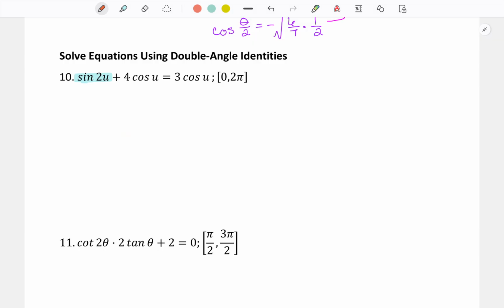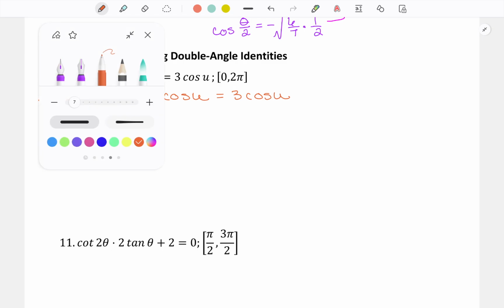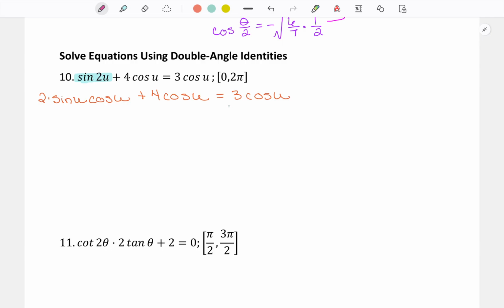So we are going to use 2 times sine u times cosine u plus 4 cosine u equals 3 cosine u. And we are going to go ahead and try to get everything on the same side. And so technically, this 3 cosine u and the 4 cosine u are like terms. So we have minus 3 cosine u, and this is 0.